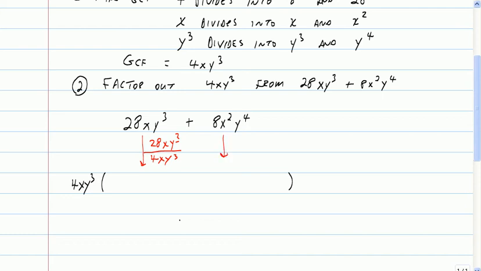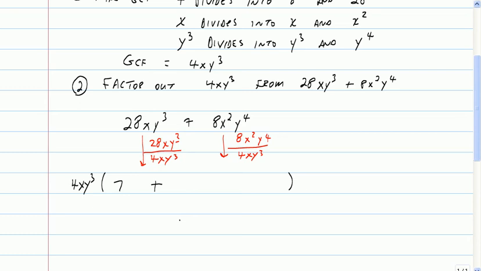And we'll take the second term, 8x squared y to the fourth, and divide that by the GCF, and that will determine what goes inside the parentheses. Well, when you do this division, 28 over 4 is 7. The x's cancel, the y cubes cancel, so you're left with just 7.